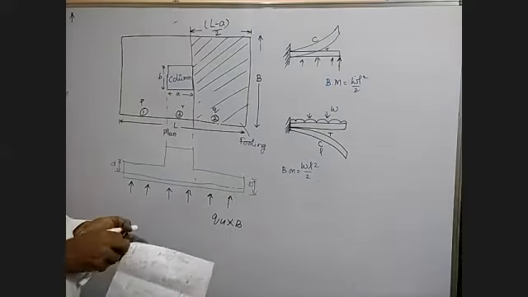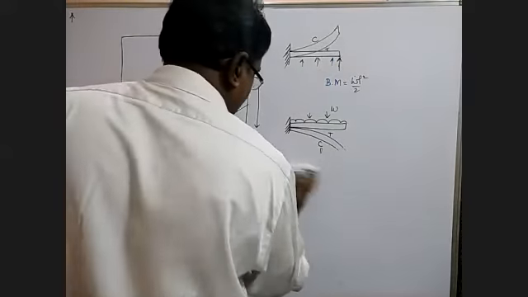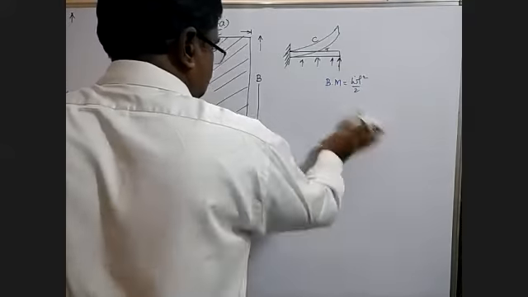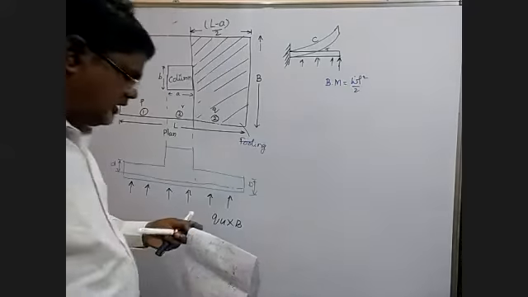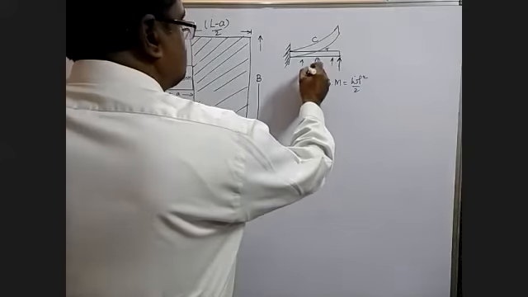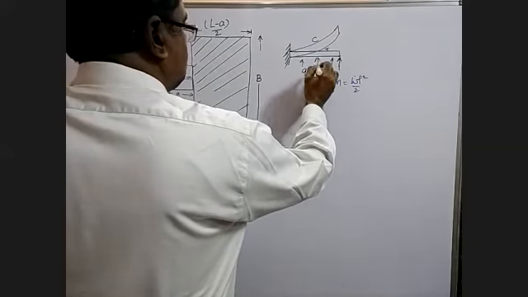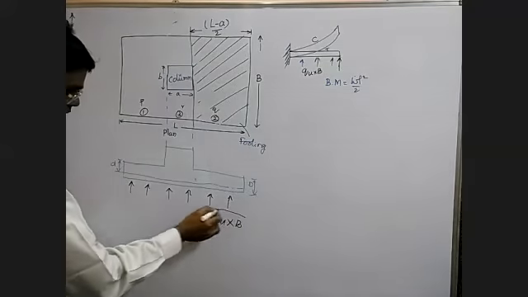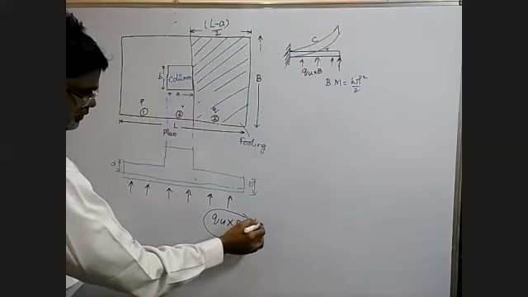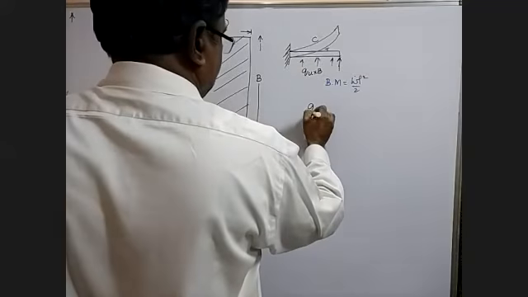Now what is the W value here? W is equal to the pressure, which is Q into B. This is W. This is QU into B.